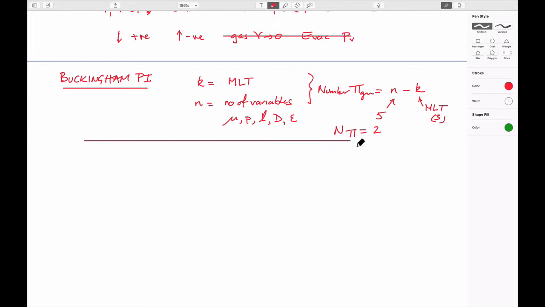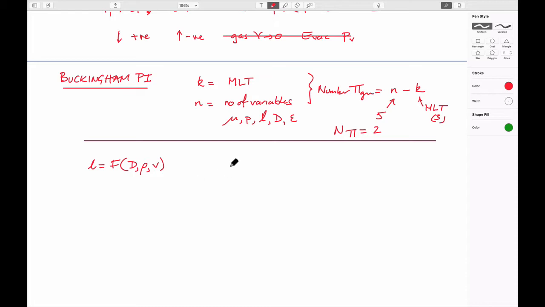Typically, in defining behaviors, we define, say, length as some function of diameter, density, and velocity, for example. Typically, an expression or a relationship will be defined that way.